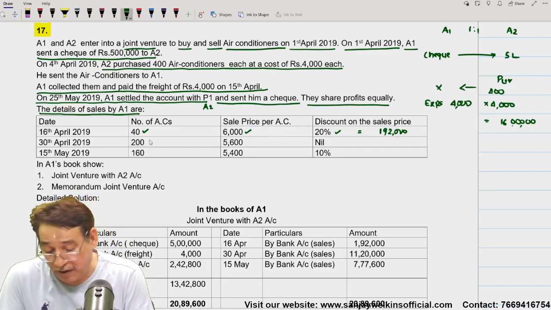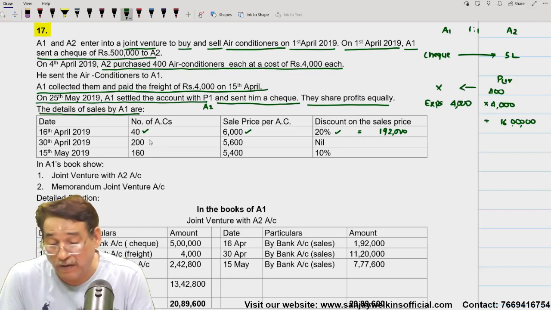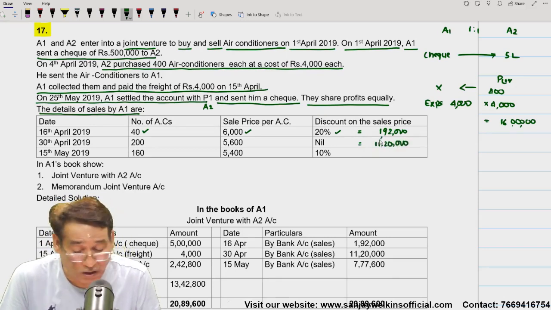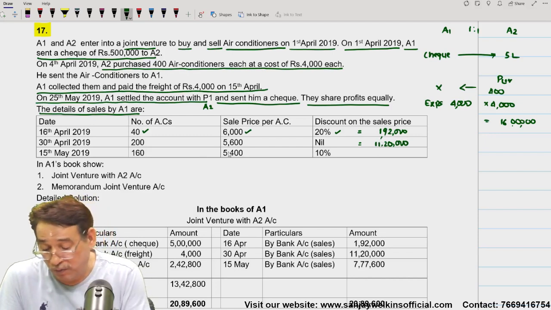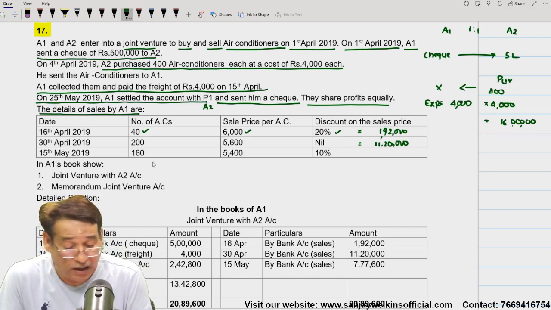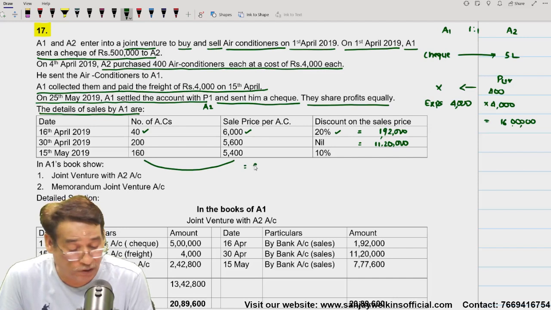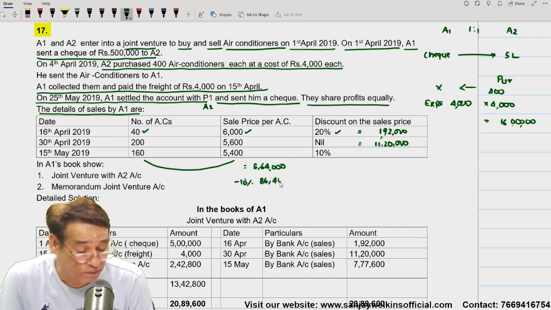Then 200 into 5,600, that is equal to 11,20,000. In this case, no discount. And then 160 into 5,400. If I multiply 160 with 5,400, it will be equal to 8,64,000. Then I will subtract 10%, that is 86,400.